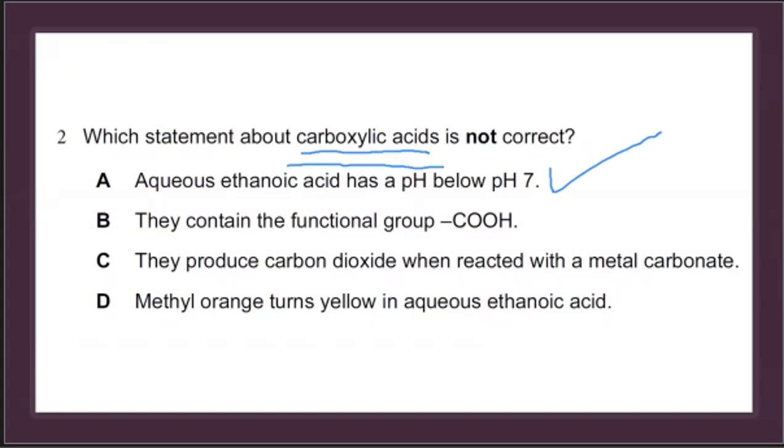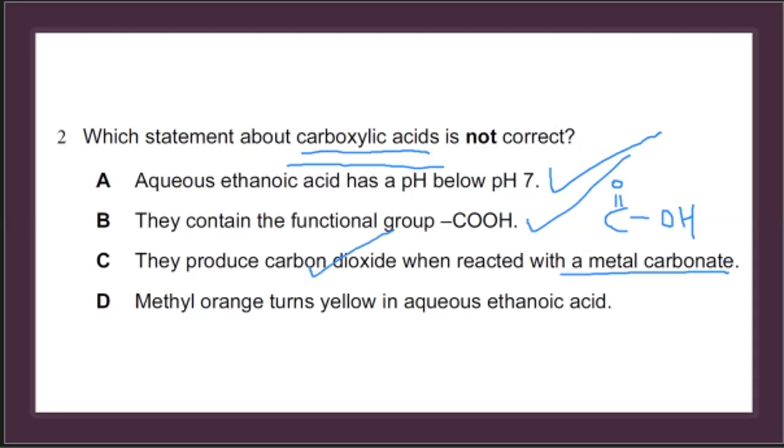They contain the functional group COOH. Yes, they have the functional group C double bond O, OH. That is correct. They produce carbon dioxide when they react with a metal carbonate. An acid plus a metal carbonate produces carbon dioxide. That is correct.